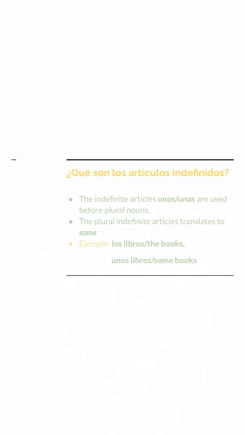Okay, so now let's talk a little more specifically about those plural indefinites. So obviously, we just did a little bit of practice. Unos and unas are used before the plural nouns, and this translates to the word some. Okay? So los libros, the books, becomes unos libros, some books.